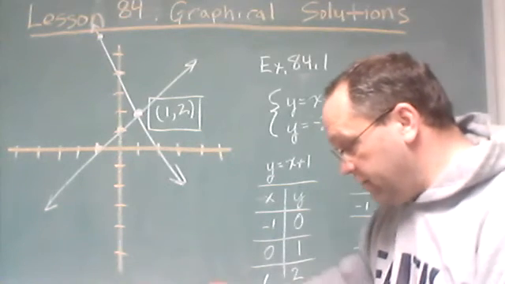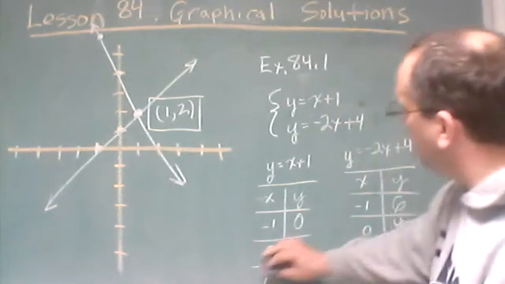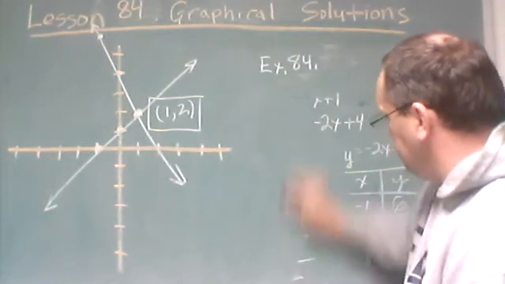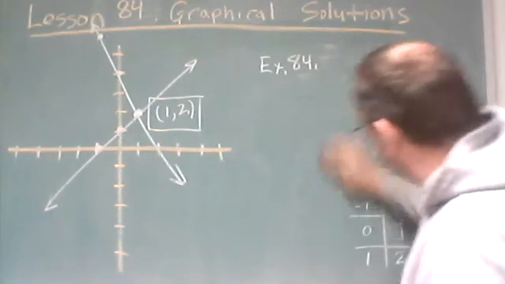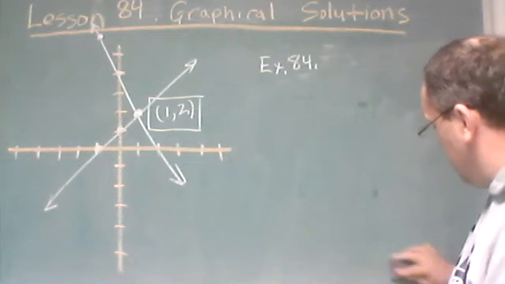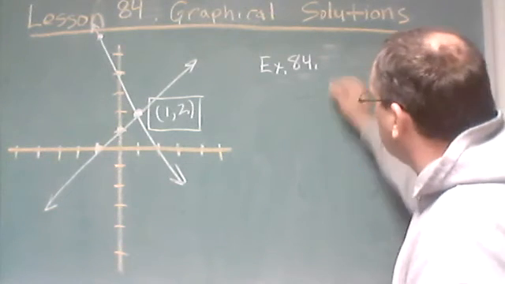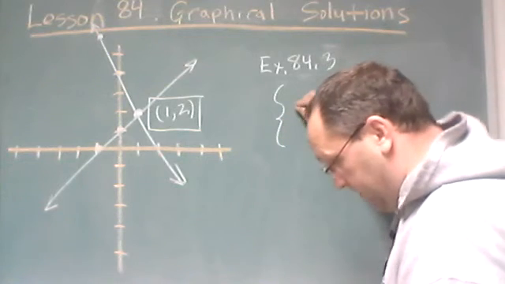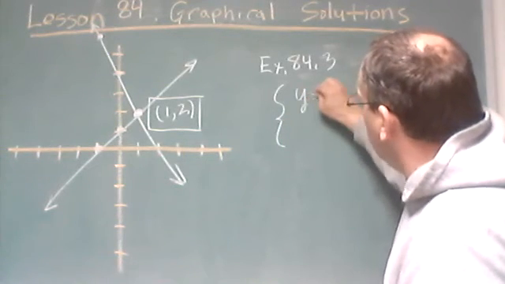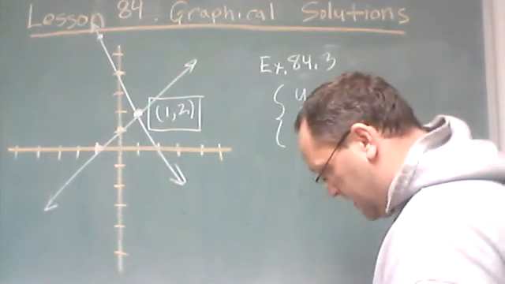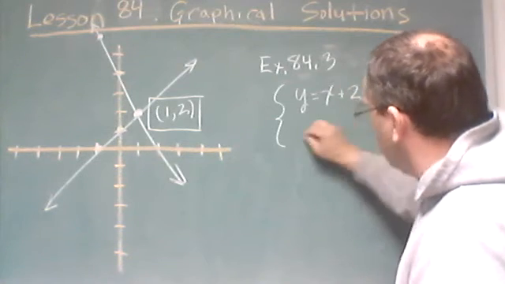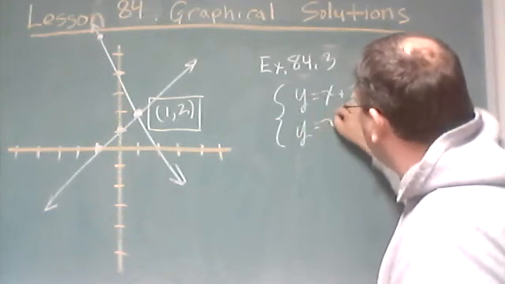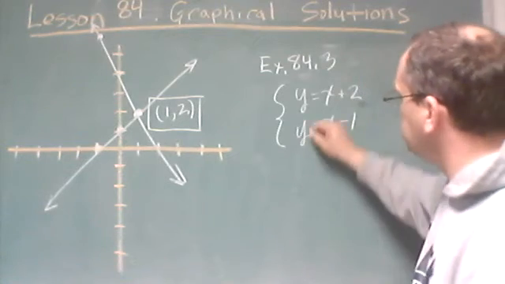I just want to draw your attention to example 84.3 at the bottom of page 301. In 84.3, they have a set of equations, y equals x plus 2, y equals x minus 1.